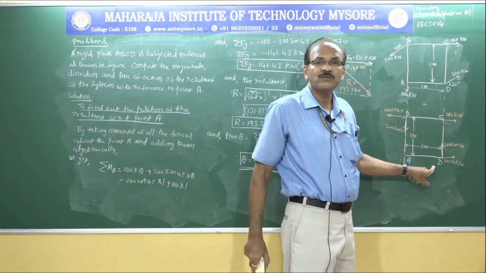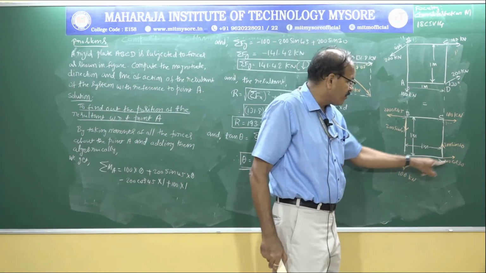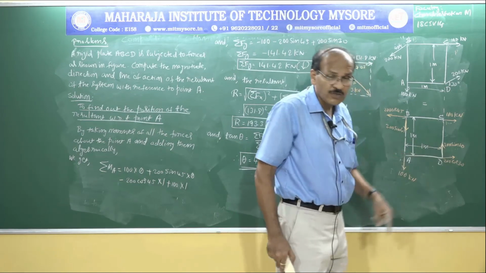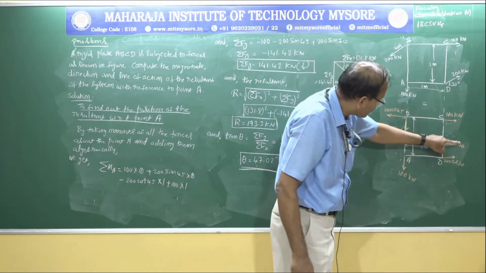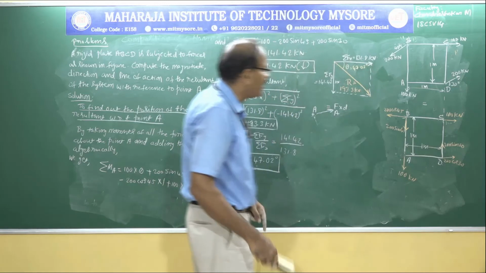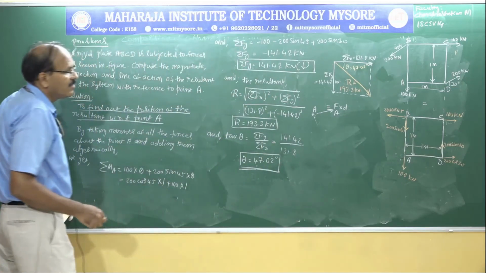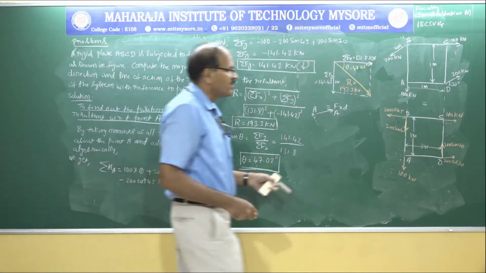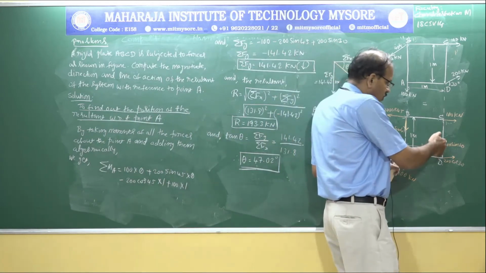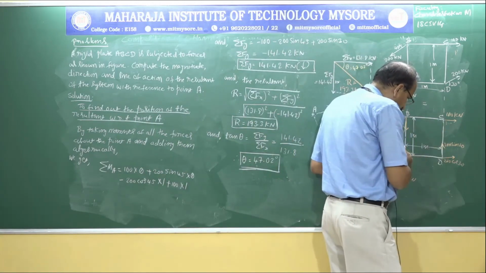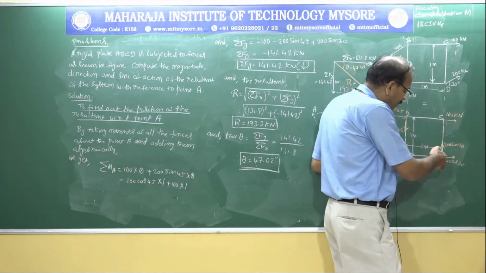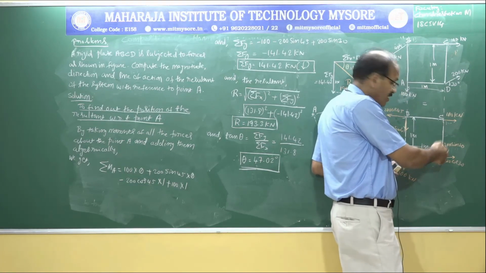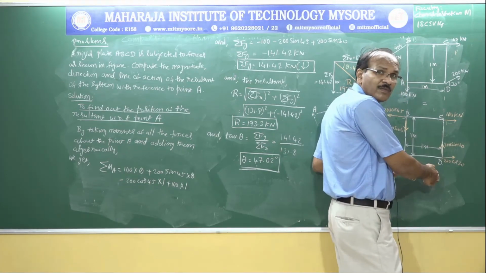Next, coming to the point D, we have two forces. I am going to take this force, 200 multiplied by sine 30. What is the perpendicular distance to the line of action of this force from point A? This is the perpendicular for this force.